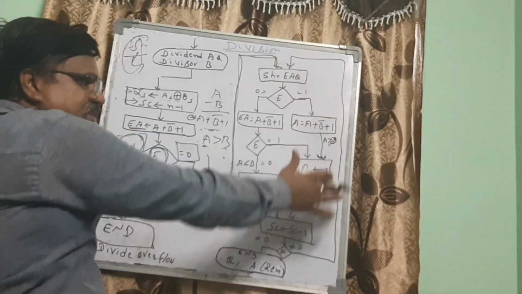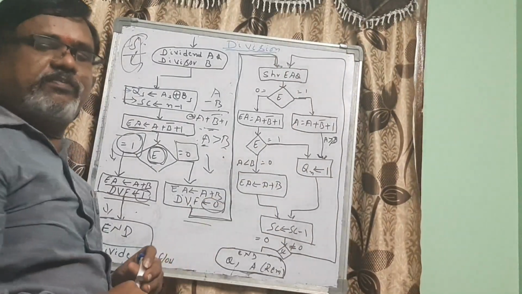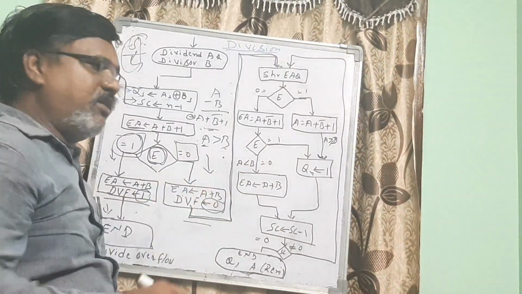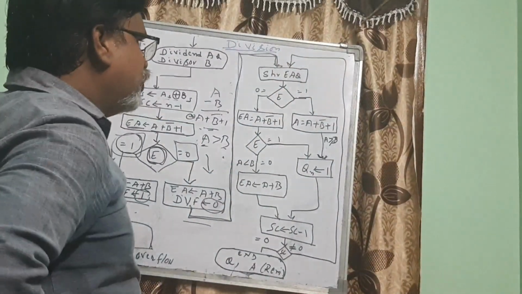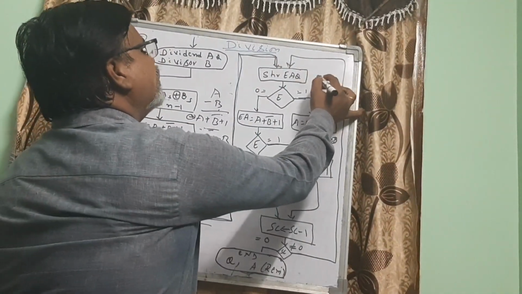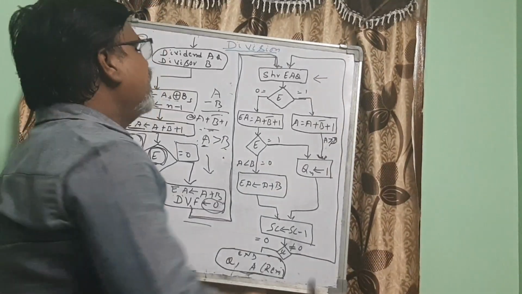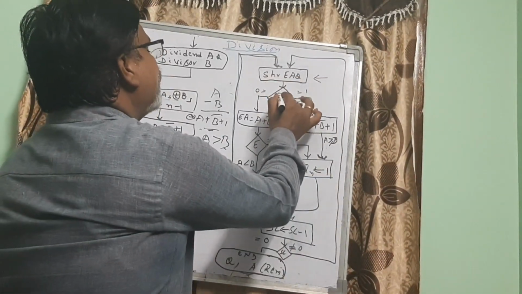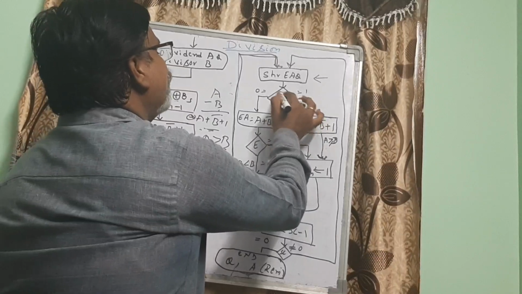When A is greater than B, as we discussed in the previous numerical example, we perform this step. Every time we shift right EAQ. Then we check whether the E value is 0 or 1.